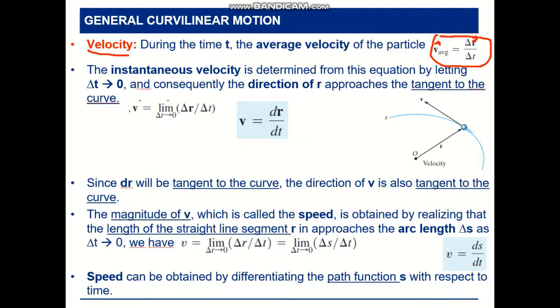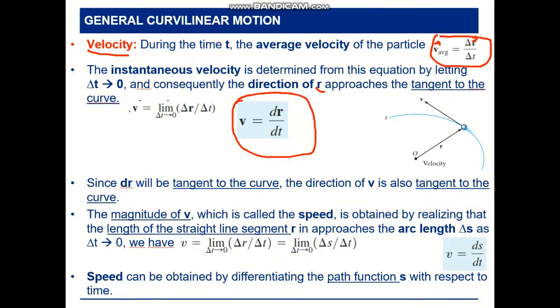Consequently, the direction of delta r, the displacement, approaches the tangent to the curve. So it's tangent to our r direction, right? When we take the limit as delta t goes to 0, delta r over delta t is represented by our velocity quantity, which is the first derivative of the position with respect to time.